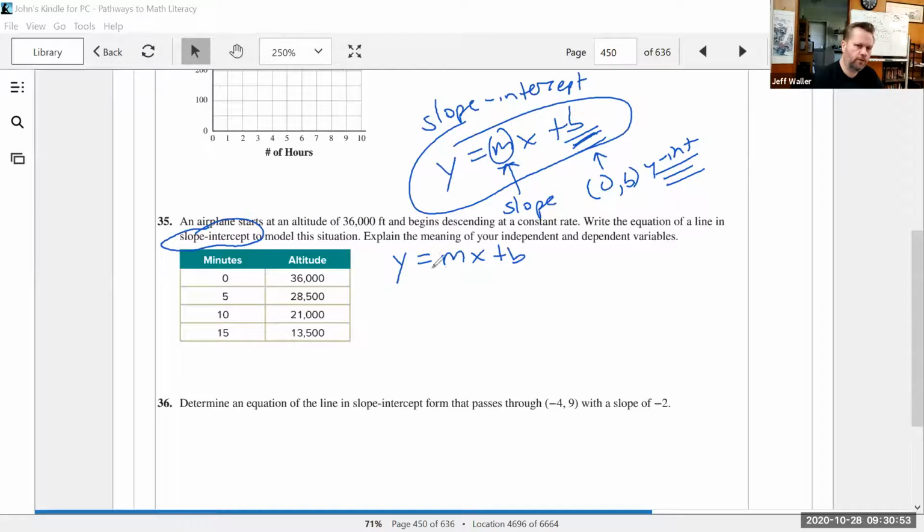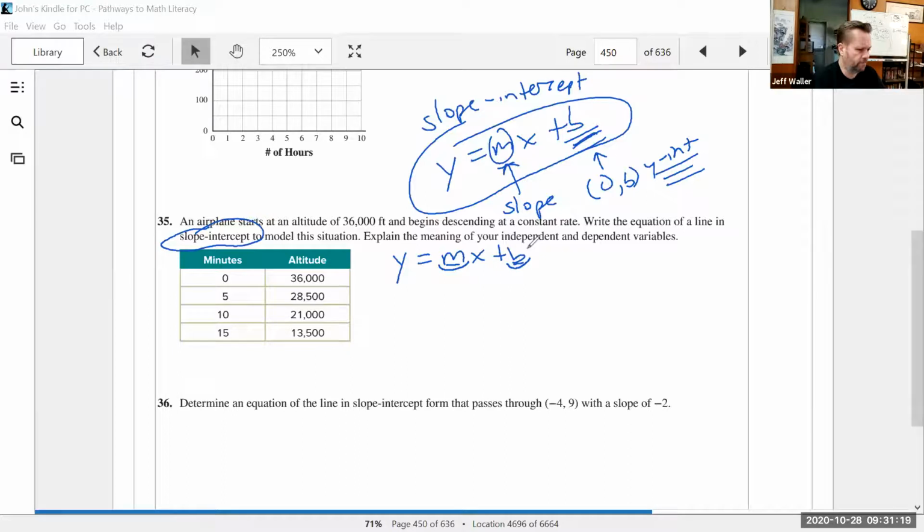I want to make sure everybody's looking at this correctly. I need to figure out what the value of this is, and what the value of that is. Which one of those do I already know without doing any work? Do I know the slope, or do I know the y piece of the y-intercept?